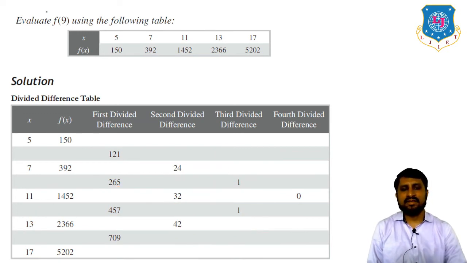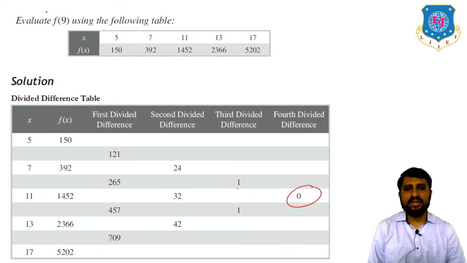Right? Easy to understand. And the last entry, in the numerator you have 1 minus 1, and in the denominator you have 17 minus 5. So numerator 1 minus 1 is 0.